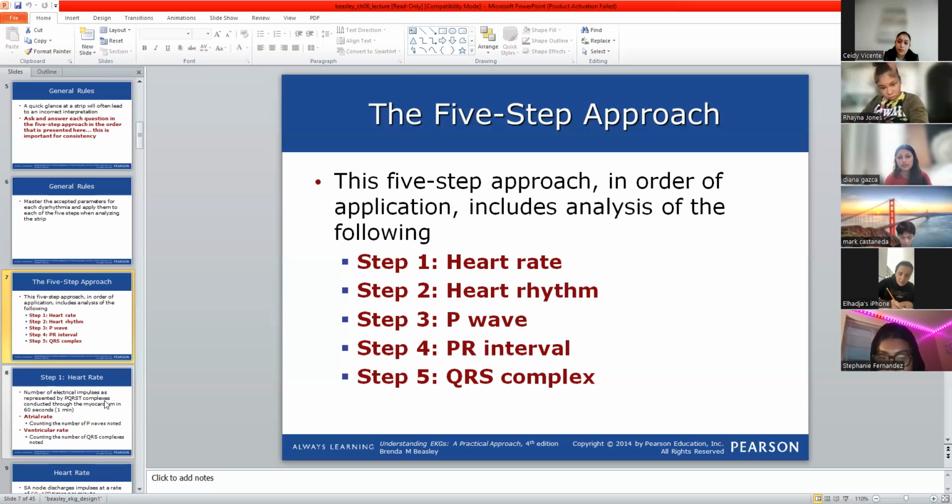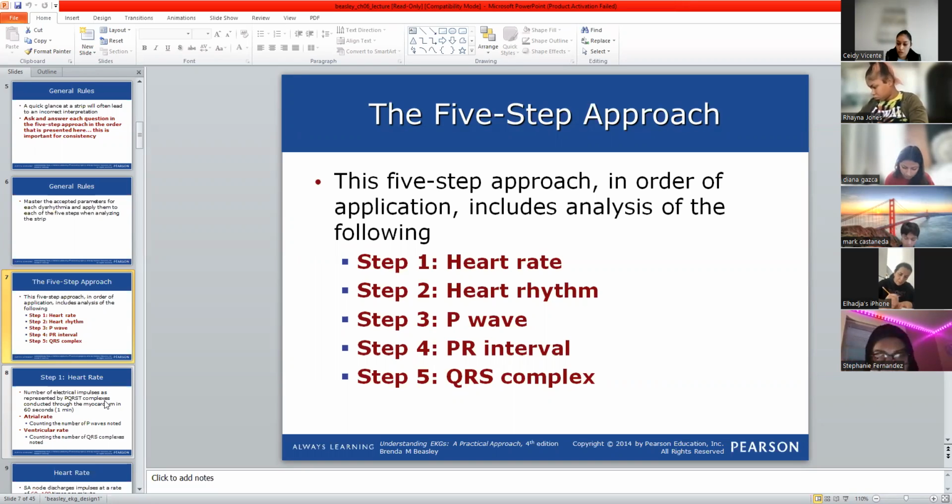What about the PR interval? We just mentioned that the PR interval should range between 0.12 and 0.20 seconds. So all of these are normal. What about the QRS complex?